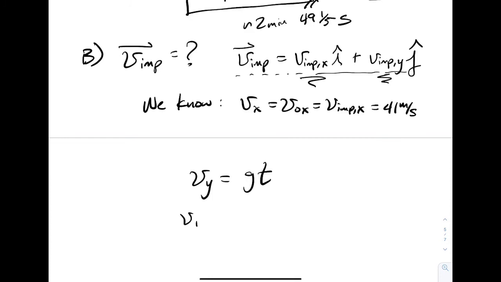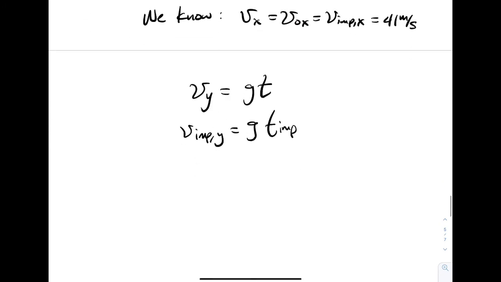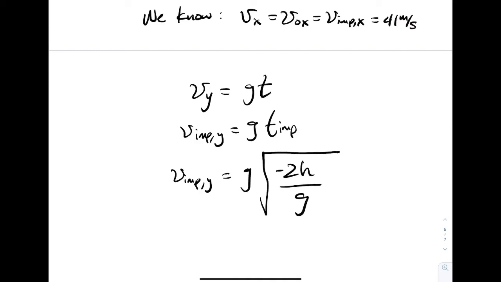We want V impact in the y direction, which means we're looking at g times t impact, but we already solved for t impact. So there's a couple ways to go ahead and do this. I personally like to just substitute in the variables. So V impact y is equal to g times the square root of negative 2h over g. And then a little algebra trick. Let's do an algebra check.